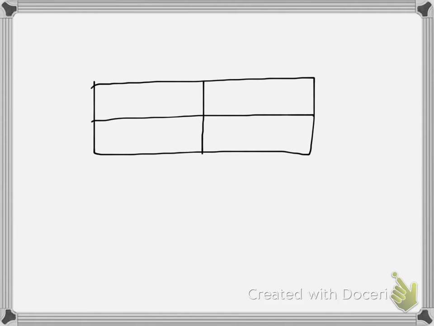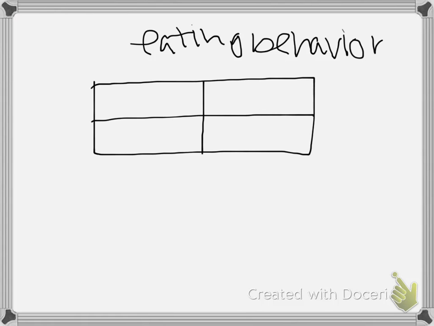So draw a 2x2 box, and then at the top I'm going to put eating behavior, and then on the side is weight. It's a little bit sloppy, but I'm sorry about that.